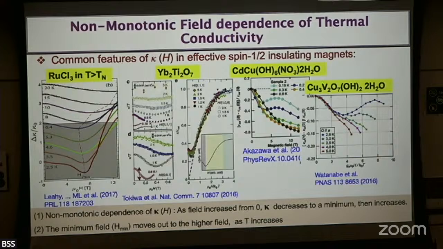Also, H over T is nicely characterized until the system-specific characteristic comes in. So the idea is that kappa is non-monotonic: as field increases from 0 it hits a minimum, and then the minimum increases as a function of field. This is not system specific. It's a very toy model, so how do we do it?